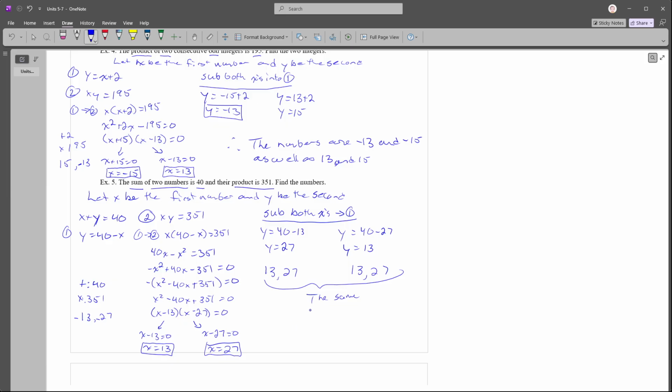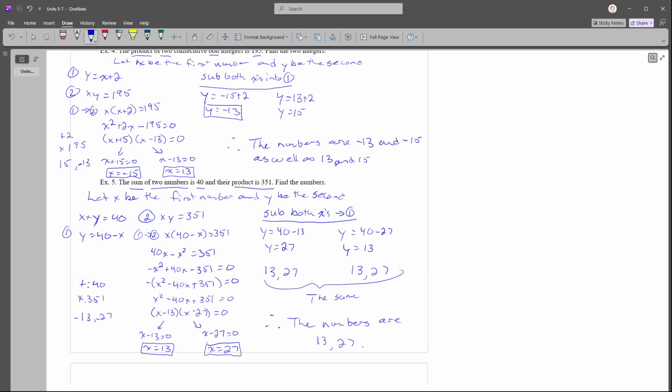Remember, this goes back to if we were to put this into our quadratic formula, well, that means we'd end up with a discriminant of 0, which means you'd only end up with a single solution. So here we go. So therefore, the numbers are 13 and 27. And that's it.